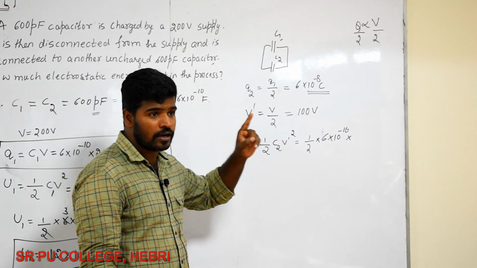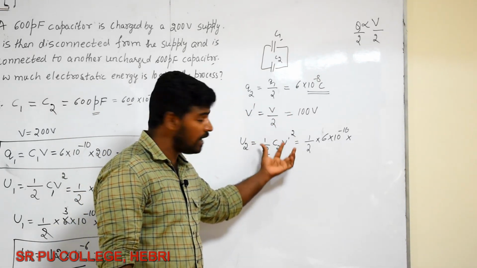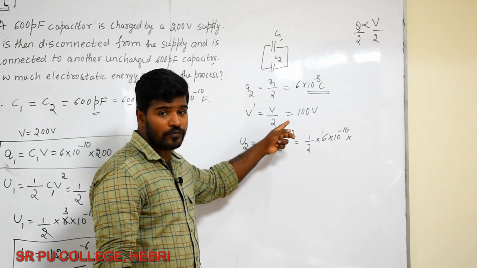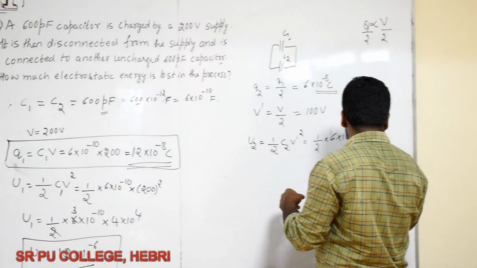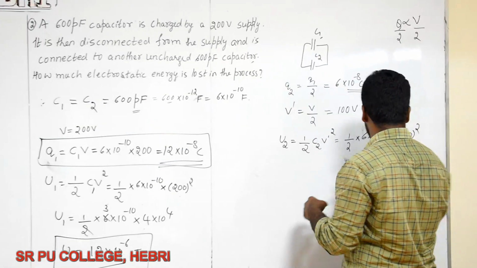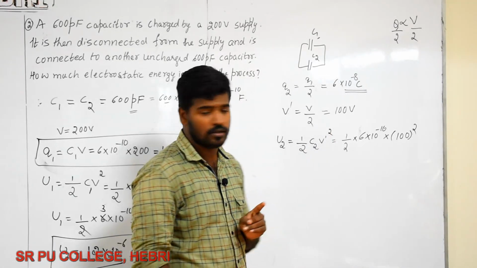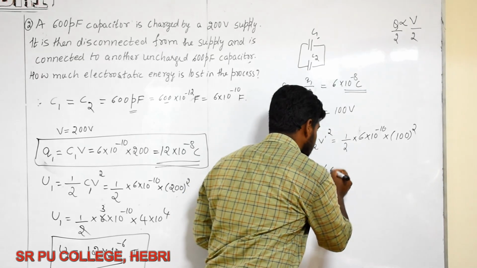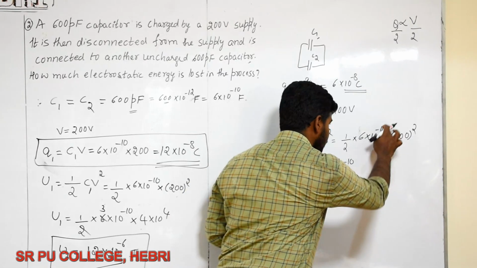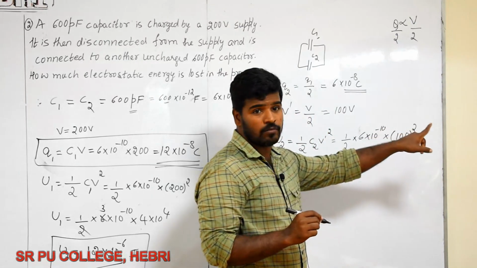If you supply 200 volt again now, it means you don't know the concept. Now the value of V dash is nothing but V divided by 2. Therefore, V dash will be 100 whole square, which is 10,000. Therefore, U2 is equal to half into 6 into 10 raised to the power minus 10 into 100 square, which is 100 into 100.